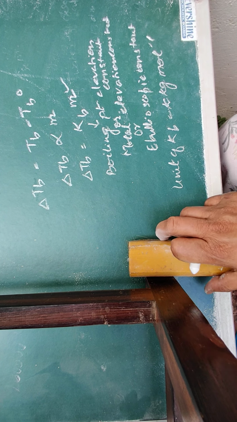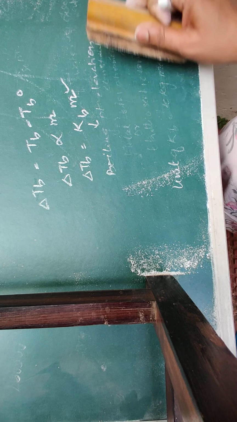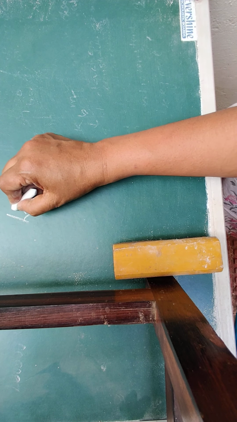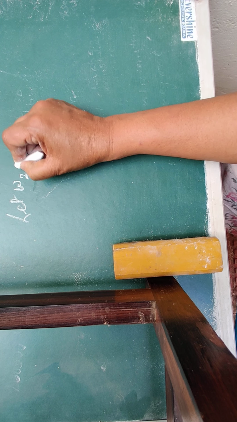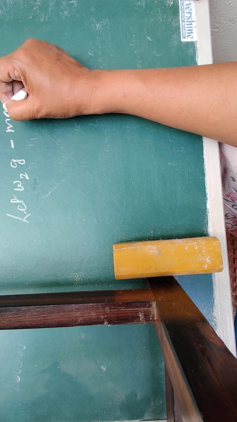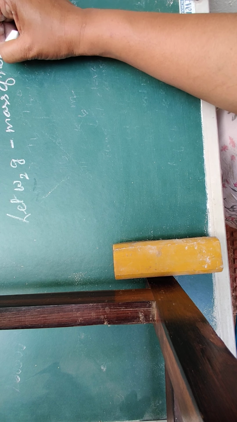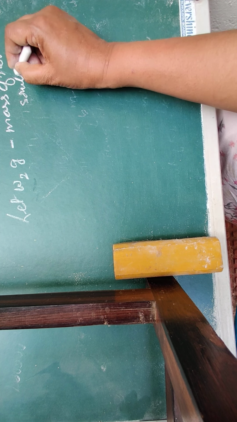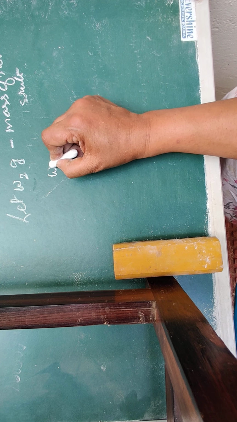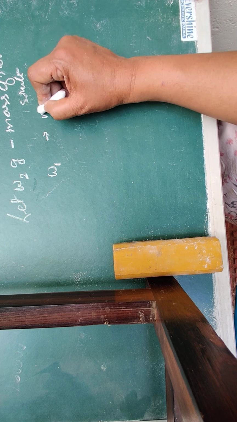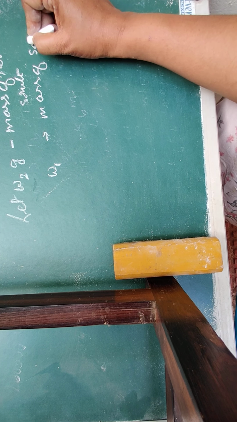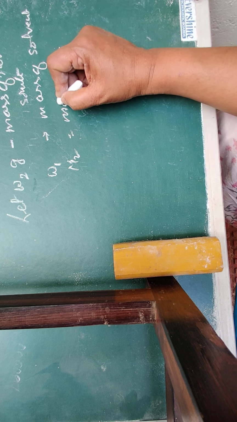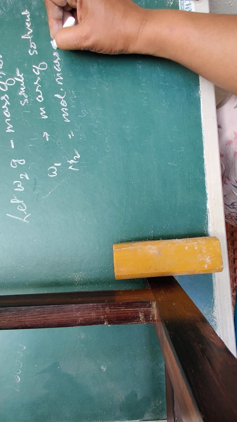So how to determine the molar mass of the solute from the elevation of boiling point? Let W2 gram be the mass of non-volatile solute, W1 the mass of solvent, M2 the molar mass of solute.